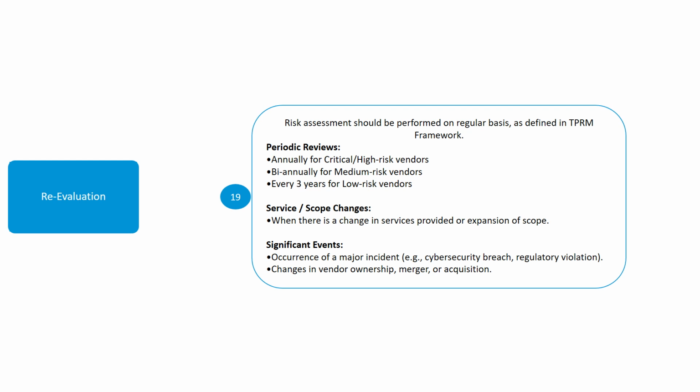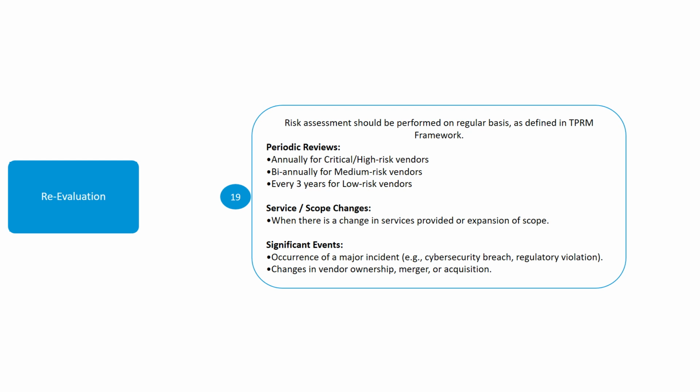Risk assessments are not a one-time activity. They should be performed regularly as defined in the TPRM framework. Periodic reviews are conducted based on the vendor's risk level. Annually for critical and high-risk vendors. Biannually for medium-risk vendors. And every 3 years for low-risk vendors. Risk assessments are also triggered during service or scope changes, such as when a vendor expands the services they provide.